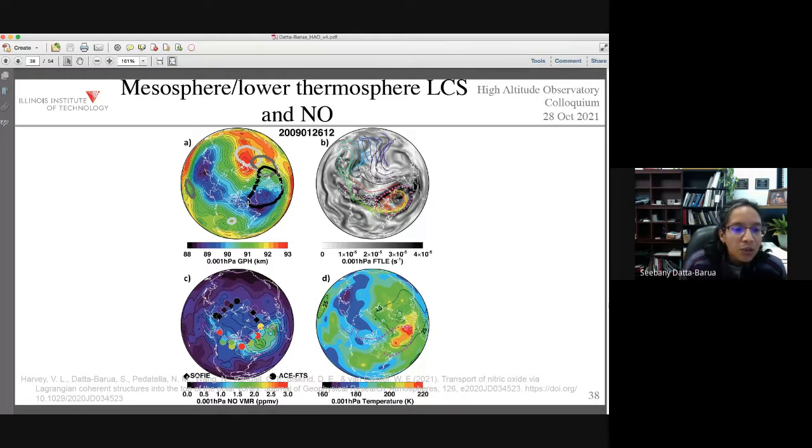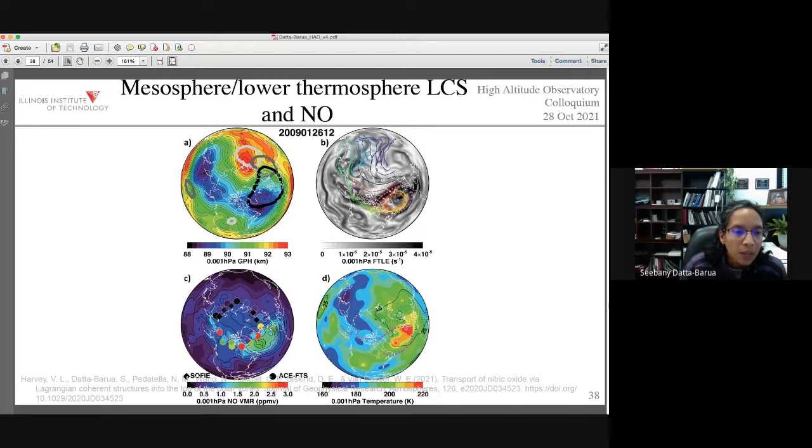And it's showing at the 0.001 hectopascal pressure level, the geopotential height. And overlaid with that is the fact that this Arctic vortex does actually seem to snake up and around as you go through the altitude layers.